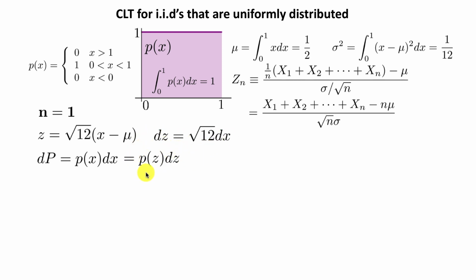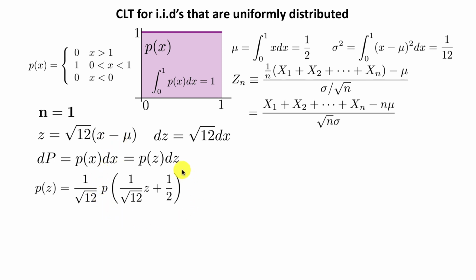And so this is now to be interpreted as the probability of finding z between z and z plus dz. The next step, instead of writing p of x in this way, we're going to write p of z. Now p of z will be this thing, 1 over square root of 12 p of this variable over here. So you can see from here that x will be z divided by square root of 12 plus mu. Mu is a half.